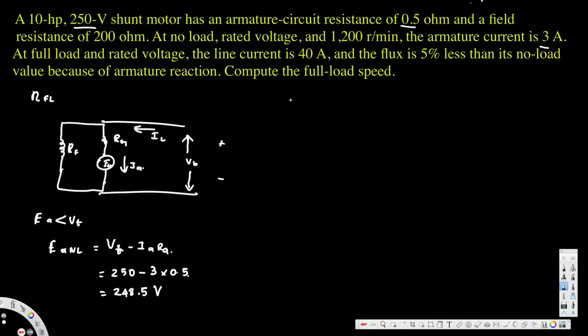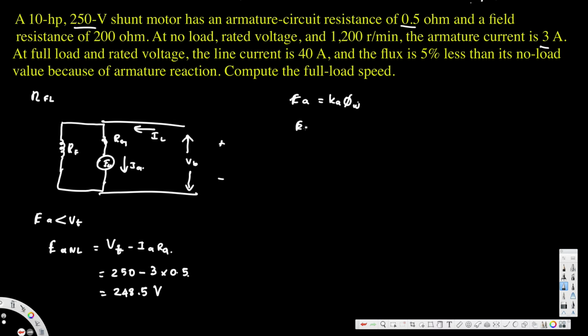Okay, and voltage generated in the armature circuit due to the flux of the shunt field current can be calculated using this formula. First we are going to calculate EA no load over the speed no load, and EA is also equal to Ka phi omega.